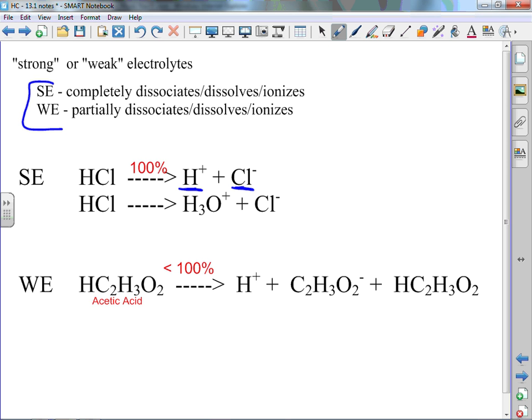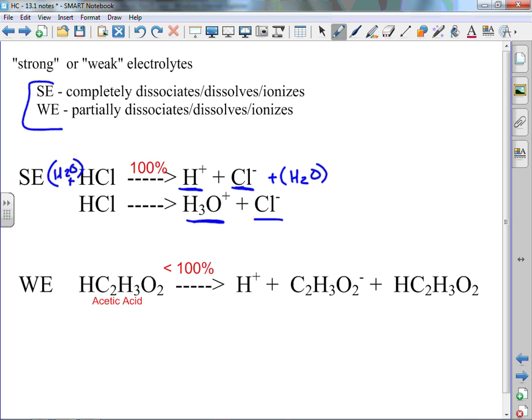We can write it as H plus and Cl minus, with waters still there in parentheses. Or we can ignore the plus waters on both sides and just say HCl dissociates into H3O plus and chlorine ions. Any chemical that's a strong electrolyte, that's what we do.